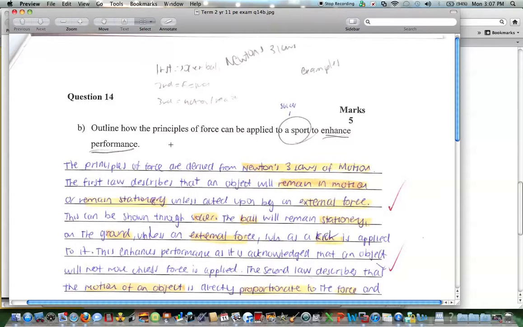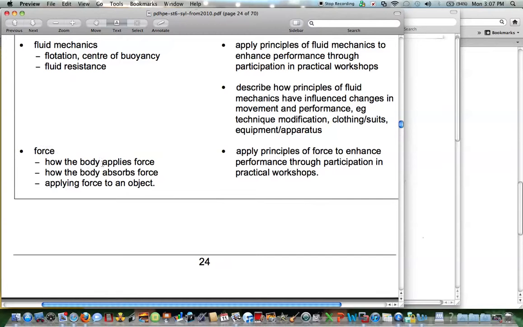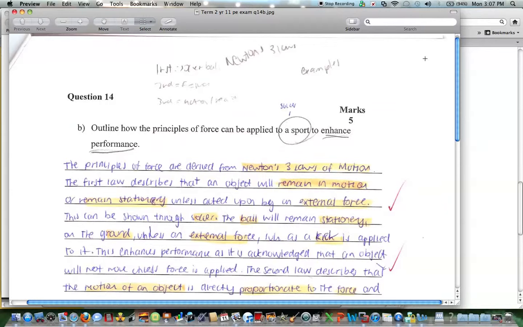A number of students wrote about velocity, speed, displacement, acceleration, all these things that we've learned about through the biomechanics unit, but which are not specific. If we go back to our syllabus, there's force: how the body applies force, how the body absorbs force, and applying force to an object. So they need to be thinking about what sort of things they're putting in their answer, not just anything they can think of.